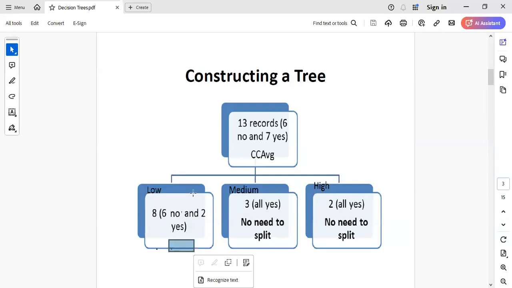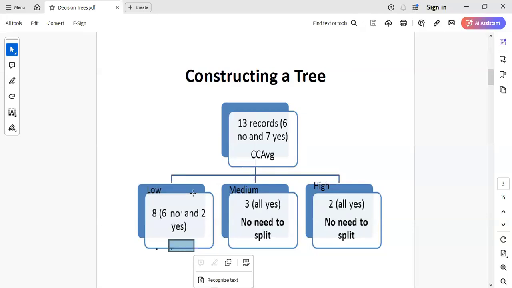Okay, students, let me quickly recap. Constructing a tree: the starting part of a tree is called a root node. From the root, we start splitting, and at a stage we reach where there are a certain number of records and all the records are of a single class, whether yes or no. That stage is called a leaf.